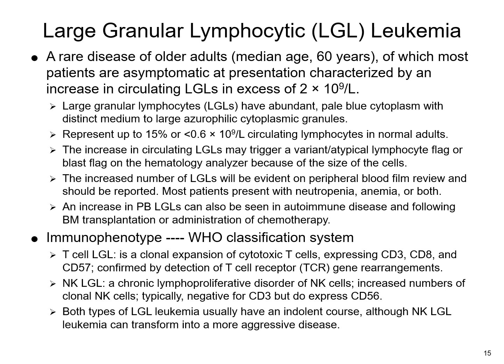You're looking for CD3, CD8, and CD57 for your T cell. For your natural killer cell, they're going to lack CD3, but they do express CD56. Both types will have a slower progression, although your natural killer type of leukemia can actually transform into a more aggressive disorder.